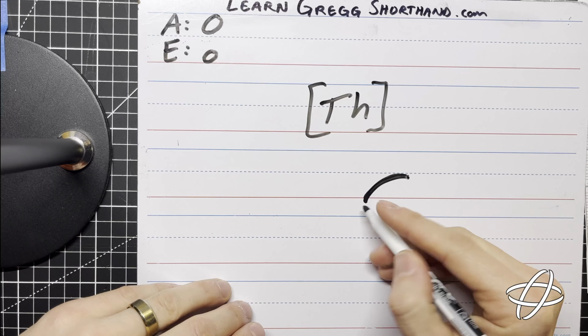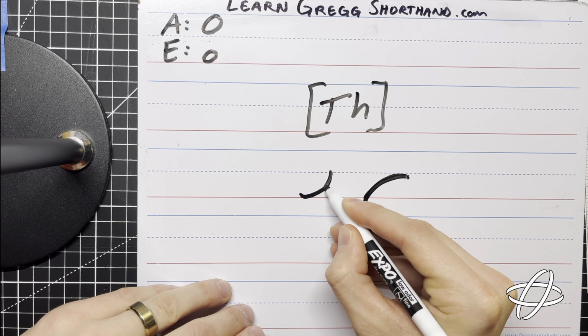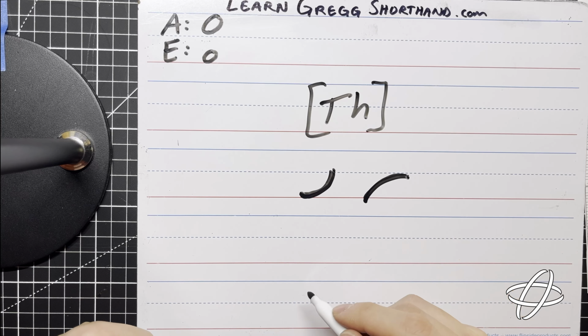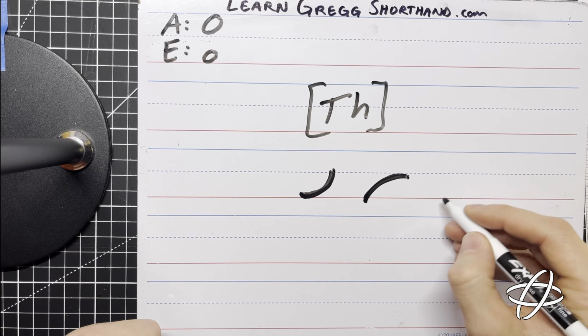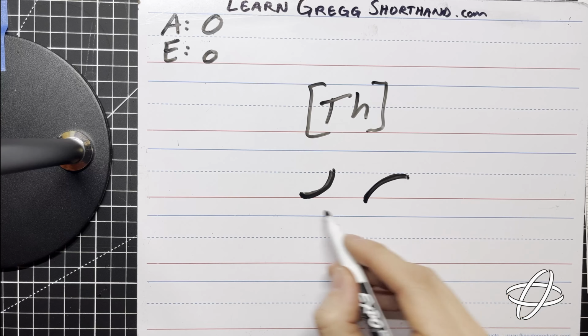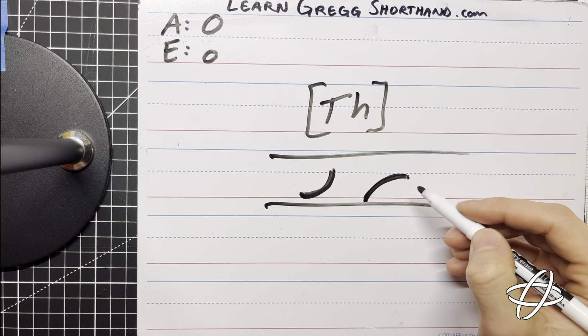It can be written in right hand motion like this, or it can be written in left hand motion like this. Anytime you see a curve that occupies a small area of your writing space, if you're using lined paper, you know that that is a th sound.